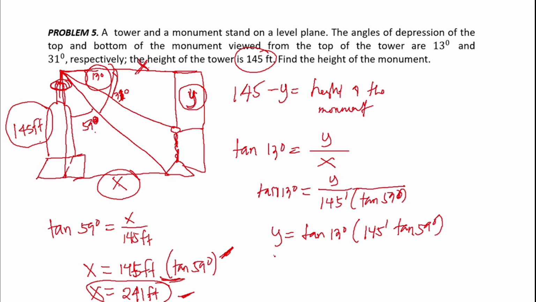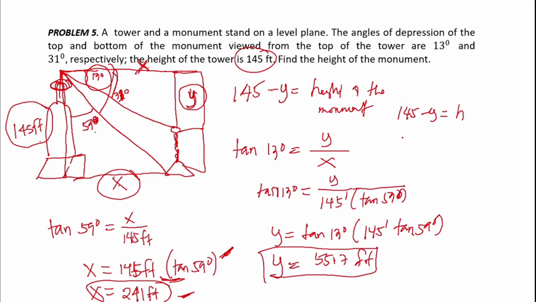So multiply this part, y is equal to 55.7 feet. Okay, three significant figures, 55.7 feet. So therefore, we are going to subtract 145 minus y is equal to the height of the monument.